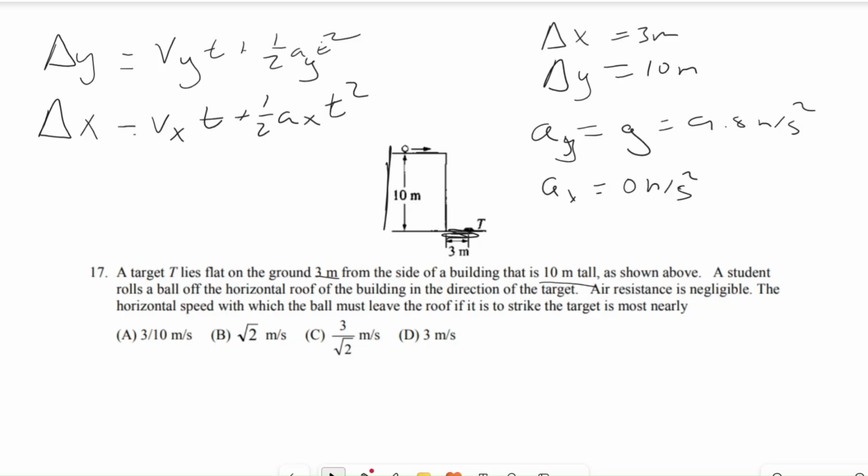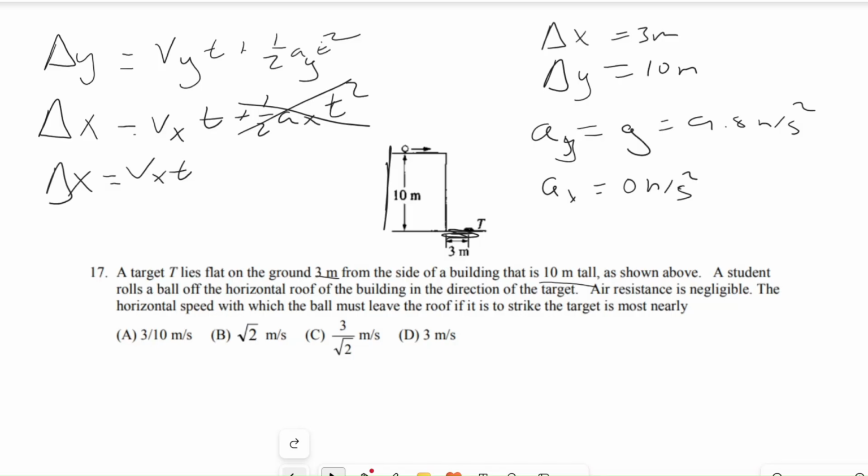And if it equals 0, that means this whole side of the equation, the plus 1 half a x t squared, can be canceled out since we don't need that. That leaves us with our new equation of delta x is equal to vx t. And since we're looking for the horizontal component, vx is what we want to solve for. But the thing is, we don't have t.